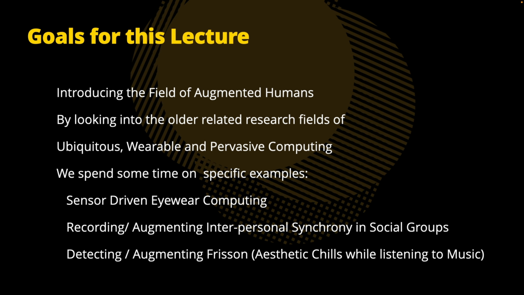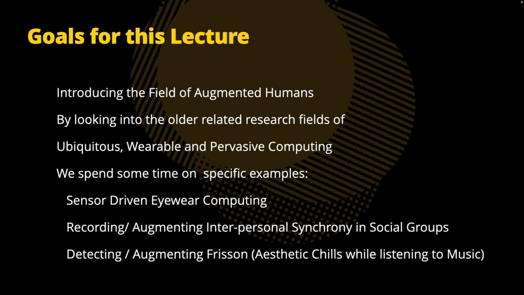One is the programmable vision using sensor-driven eyewear. The other one is the recording and also augmenting of interpersonal synchrony in a dance performance. And the last example again deals with a specific emotion, detecting and also augmenting frisson, these aesthetic chills while listening to music.